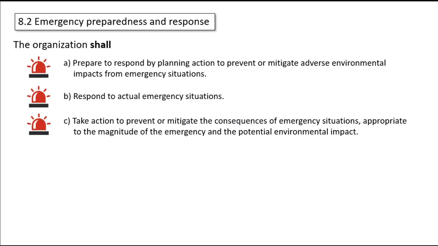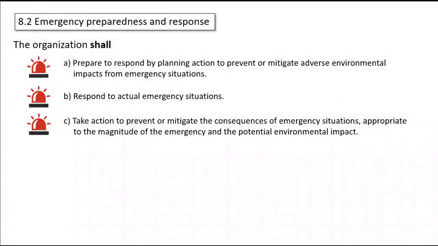So what action should you take? First, of course, B, respond to the actual emergency situation. You need to stop the leakage or stop the spillage. That's the first thing needed. And of course, after you stop the spillage or leakage, this spillage or leakage may already contaminate the land or the soil.